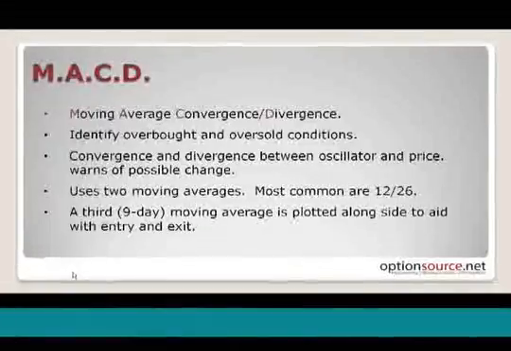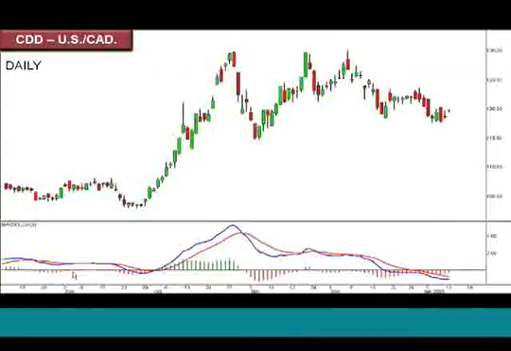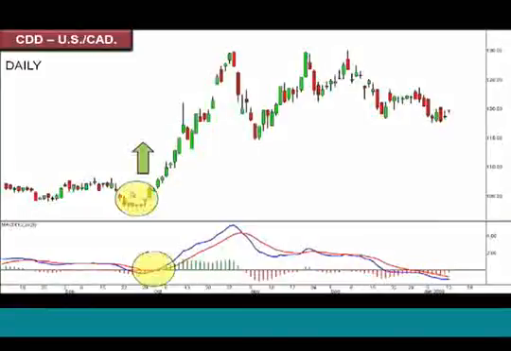And so if we go back to our CDD, our U.S. versus the Canadian dollar, you can see very clearly that right in here when our price action started to establish a little bit of a support level, our MACD started to cross over, and our red line here indicates that longer-term trend that was suggesting that we had a downtrend in place.